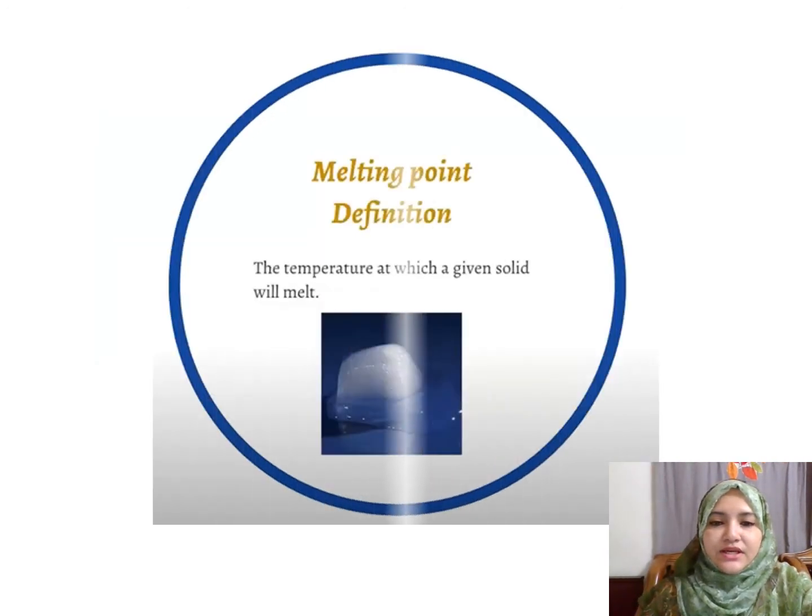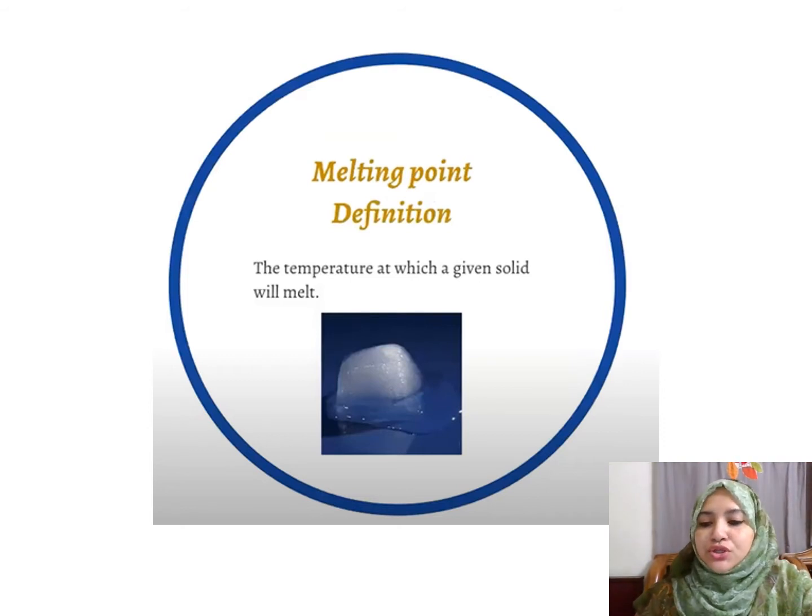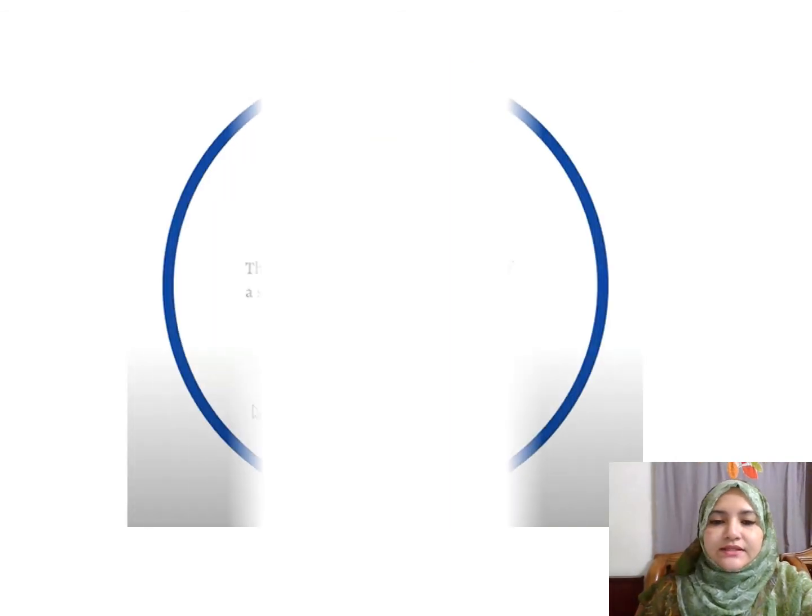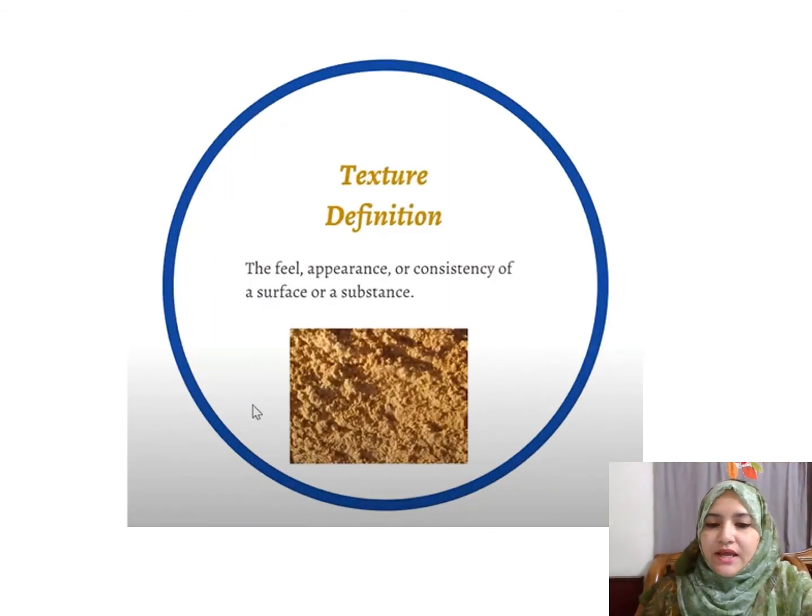The next is melting point: the temperature at which a given solid will start to melt, like a block of ice. Then texture: the feel, appearance, or consistency of a surface or a substance is known as texture.